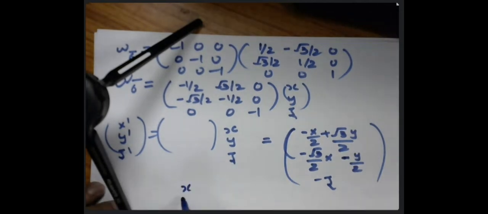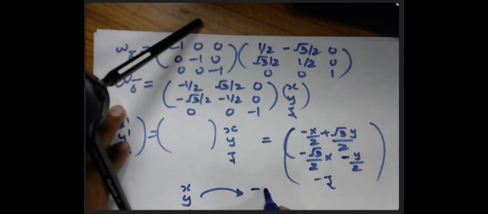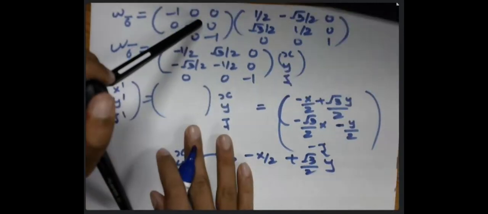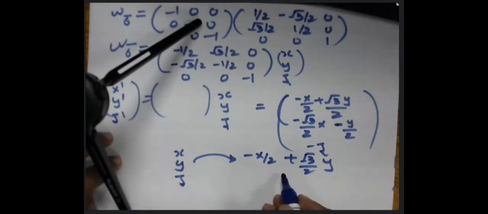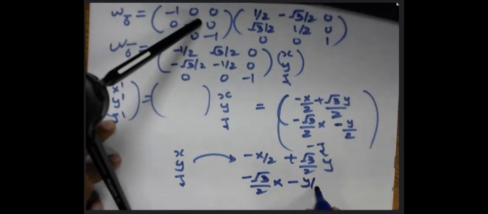So x has transformed to the minus x by 2 plus root 3 by 2 y. Y has transformed to the minus of root 3 by 2 x minus of y by 2.